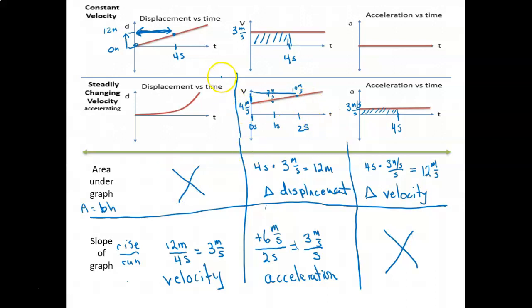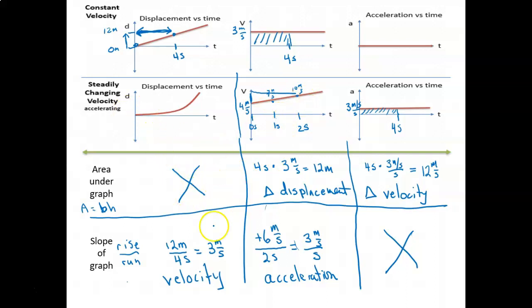So the conclusion is the area under an acceleration versus time graph will tell us how much the velocity changed in that time period. The area under a velocity versus time graph will tell us how much the displacement changed in that time period.